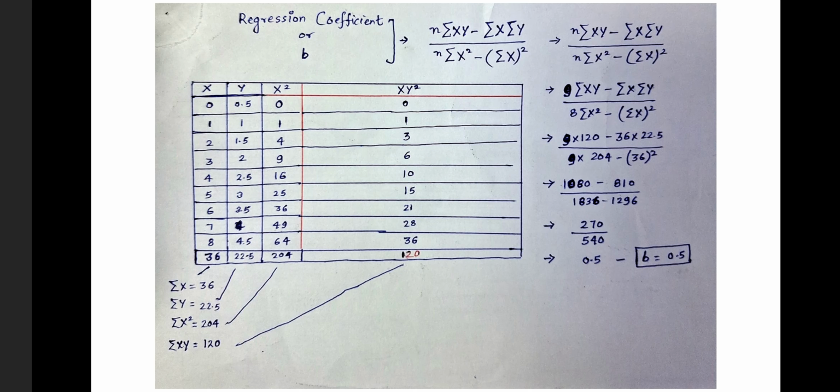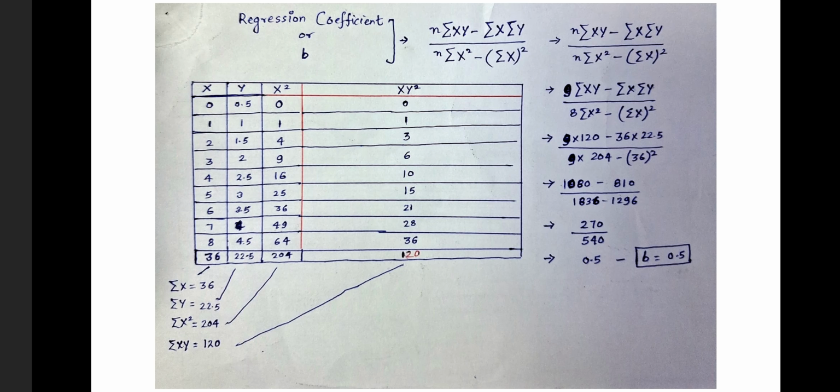If there is a 1 centimeter change in rainfall, there is a 0.5 change in the growth of the plant, that is rice.